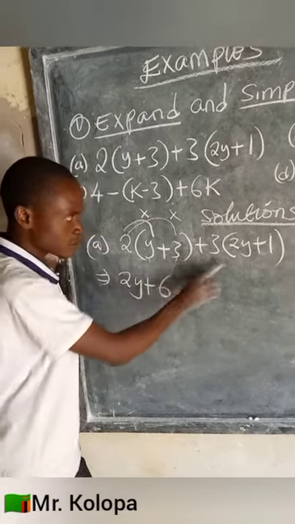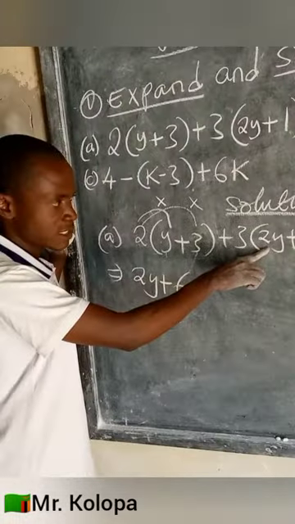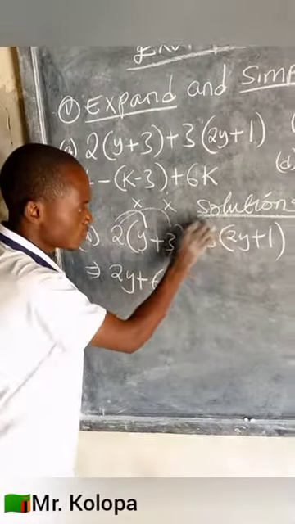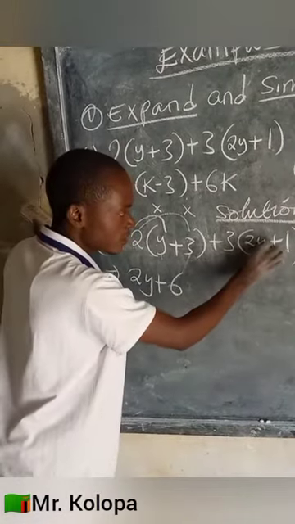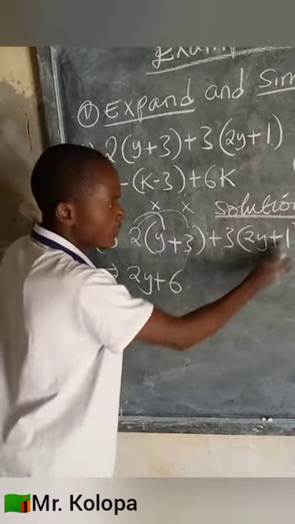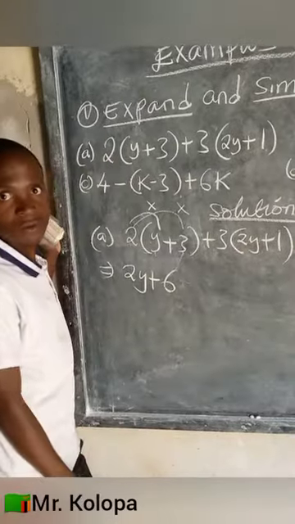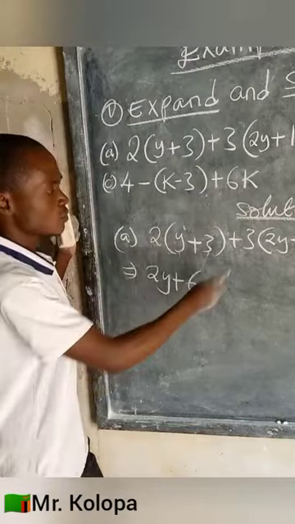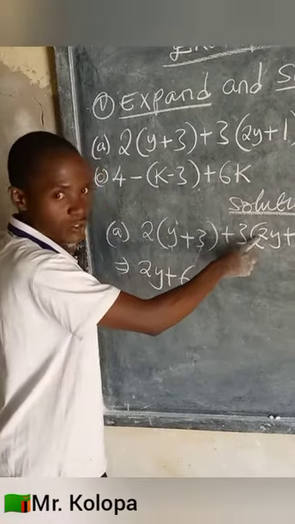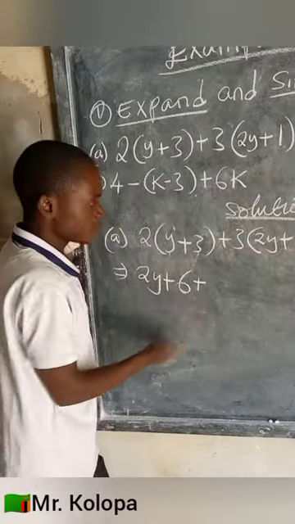Then you also have a positive 3. You multiply it inside the brackets there, with the positive 2y and also positive 1. So take note of that. Positive times positive, you get positive.